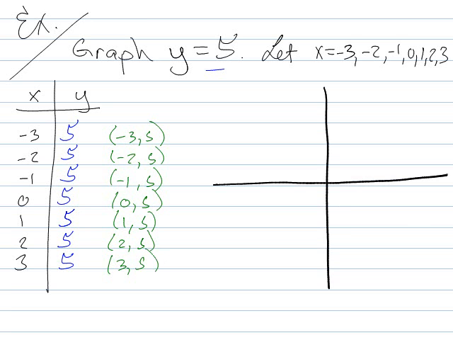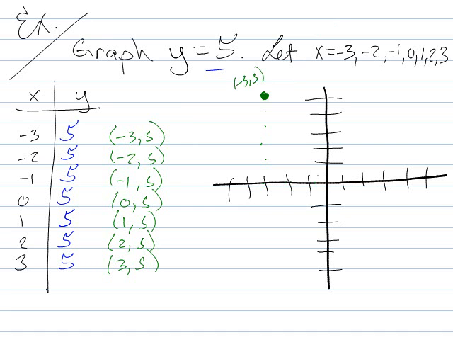1, 2, 3, 4, 5. So if I go ahead and plot these, -3, 1, 2, 3, up 5. So there's a point at -3, 5.